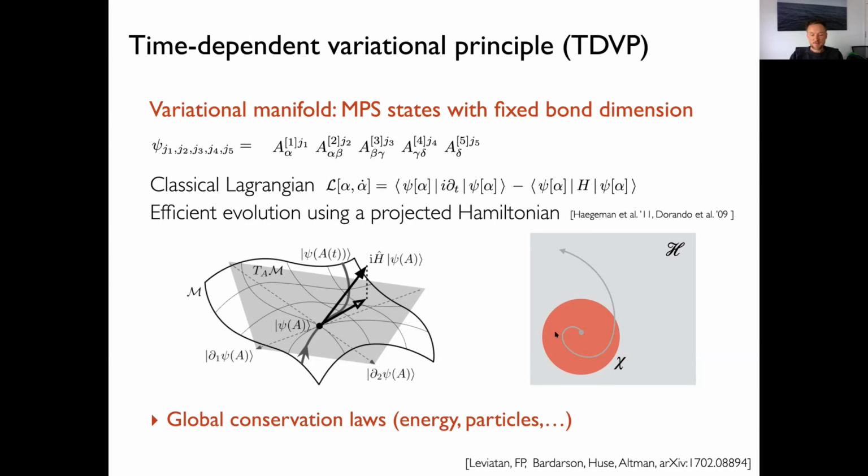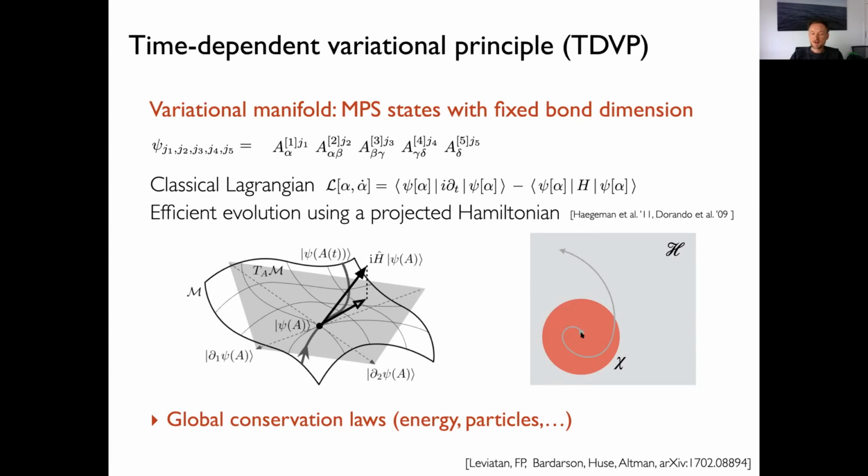And one idea that we put forward a few years ago was the following. Instead of simulating the exact dynamics of the Hamiltonian, what we could do is use the time-dependent variational principle that has been introduced for matrix product states a while ago, and perform the time evolution, and not really care about the limitations that we have. Let me just illustrate this a bit better, as shown in this view graph.